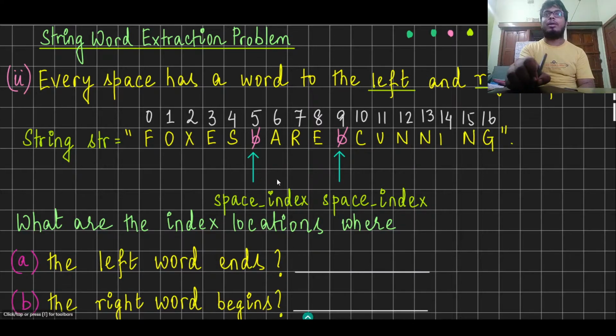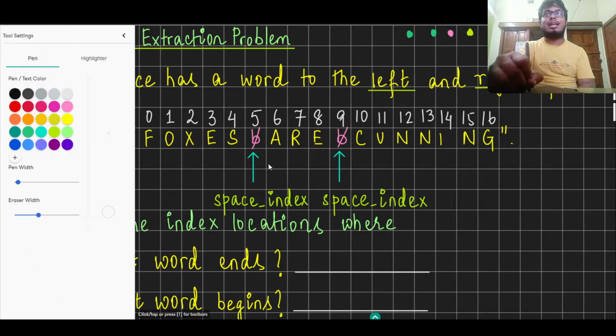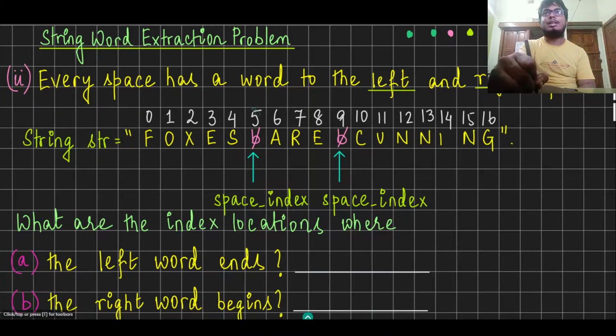So for example, here the space index for this particular space is 5. So the left word ends at the index 4, isn't it?